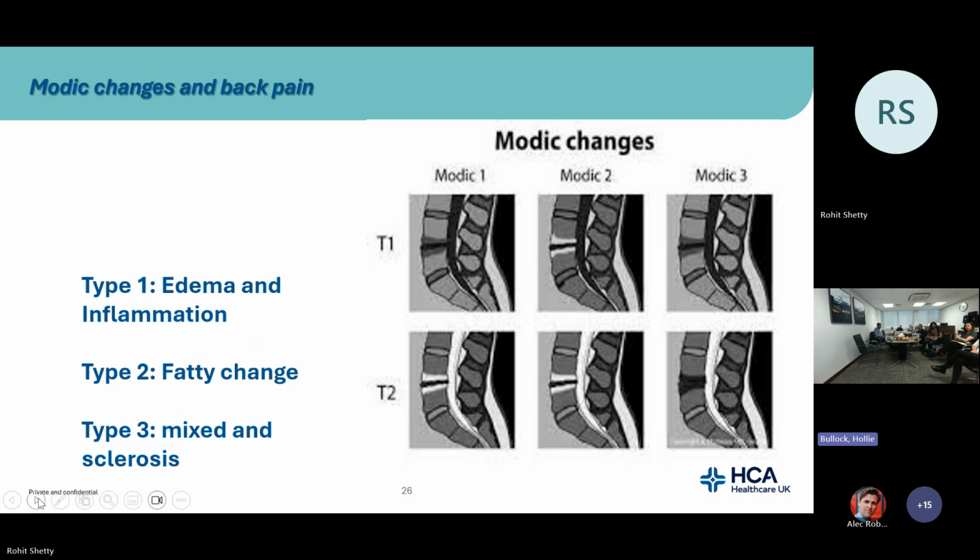We see a lot of patients in our primary care and tertiary practice who come with significant back pain, and I'm sure you're all aware of the terminology of Modic change, in terms of you have 3 categories of patients. So you've got 3 patients who've got pain. You scan the first patient, and their MRI scan is normal.